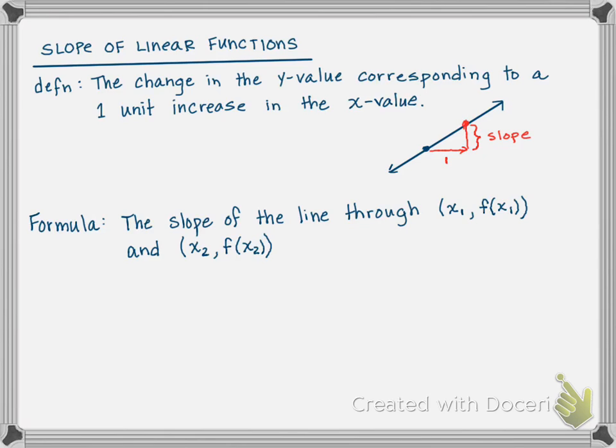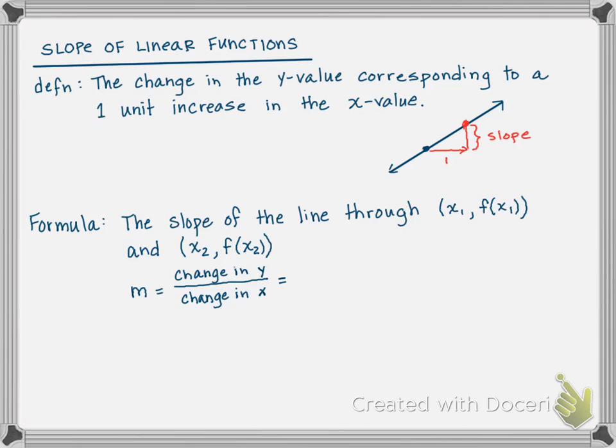So far, so good? So then our slope, which, remember from yesterday, we represent with m, is the change in our y values over the change in our x values.